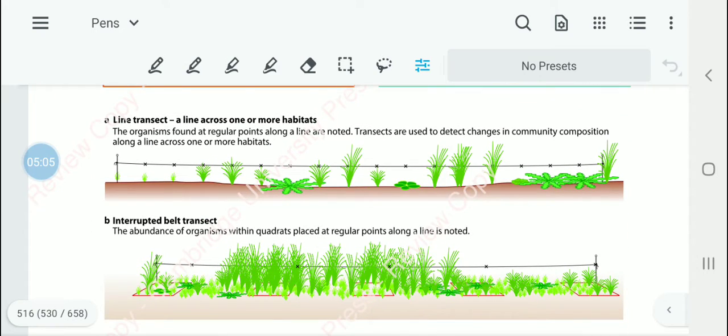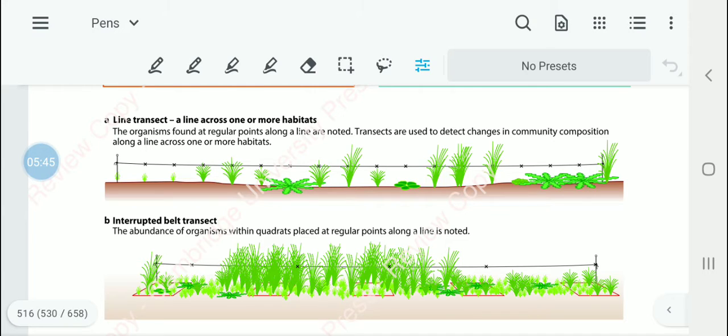So this is a line transect. As you can see, it is along the line, and the organisms found at regular points along that line are noted. If we are going to detect changes in community composition and their frequency and density, then we can detect them. The important thing is the possibility of analyzing one or more habitats.